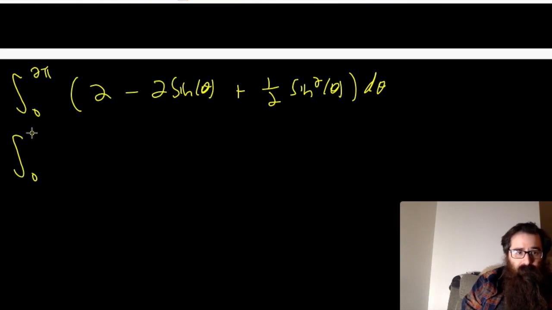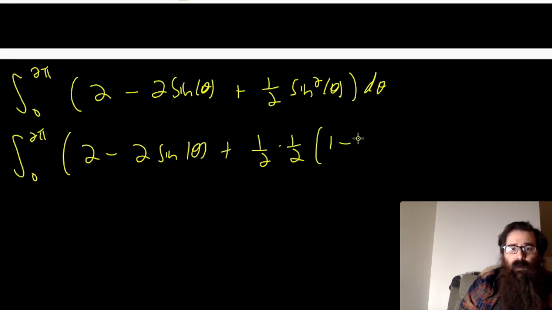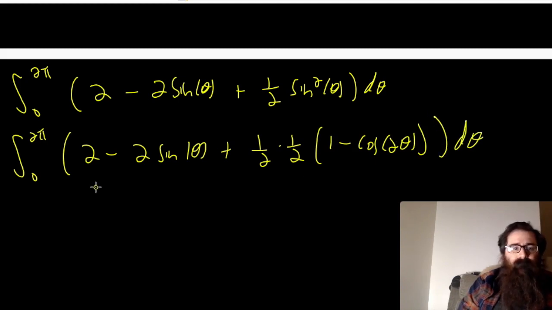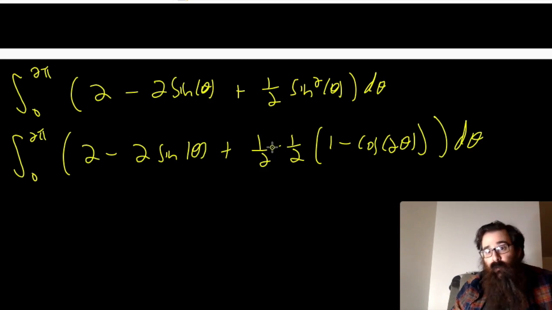So 0 to 2 pi, 2 minus 2 sine theta is ready to go. And I have plus 1/2. But then sine squared, I can use the identity that this is 1/2 quantity 1 minus cosine 2 theta. And then I might just clean this up one more bit. Well, let me actually integrate, and I'll clean this up. While I'm integrating, I am going to write 1/2 times 1/2 as 1/4.